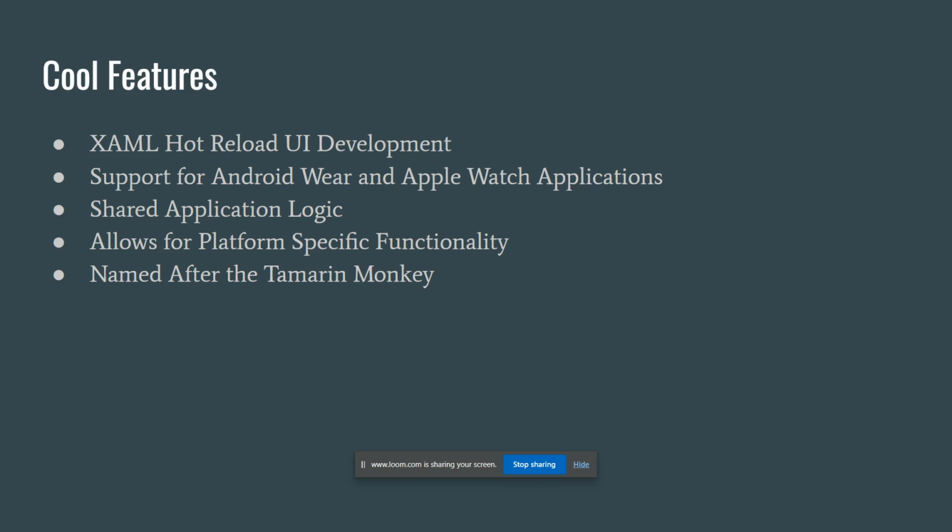The way that your phone gets permission from you to access the camera roll is going to be different in Android and iOS. So you can create an interface and then implement it differently for Android and iOS. And it is named after the tamarin monkey. I've researched this for hours and I still haven't found a good reason for that, but it's a cool feature.